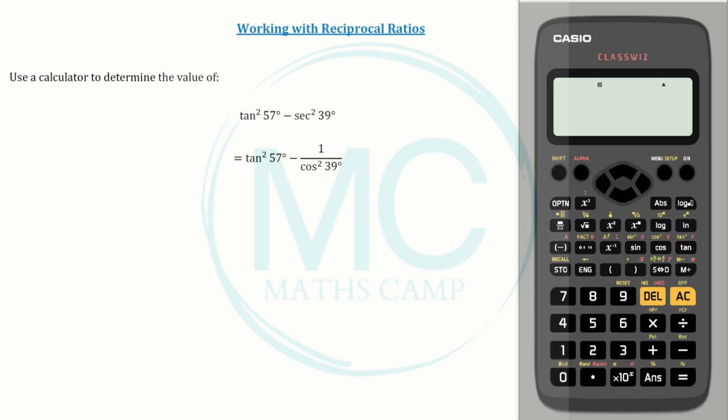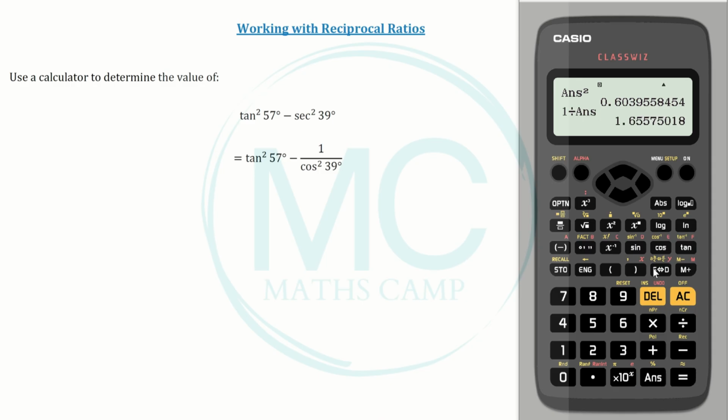Because we're working with fractions, let's use our calculator in steps. Let's start with cos 39 degrees. Now we can square it. Now we can say 1 divided by our answer, cos squared 39 degrees.